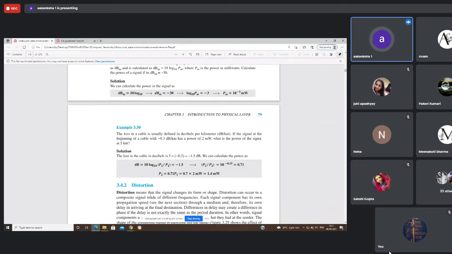Now the next transmission impairment is distortion. You must have studied in physics, or heard somewhere, that any analog signal contains different frequencies. It is a combination of frequencies, so it has various components.